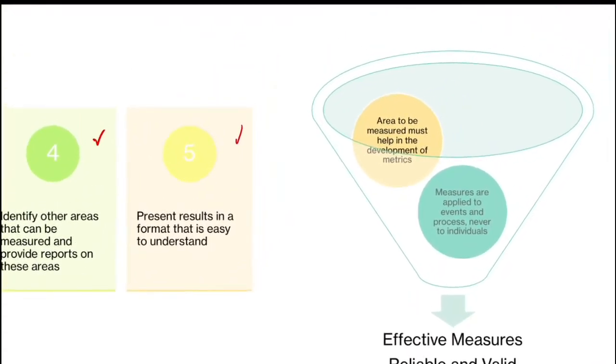Additionally, there are two guidelines. Number one, the area to be measured must help in the development of the metrics. So for example, within the IT department, let's say change management.